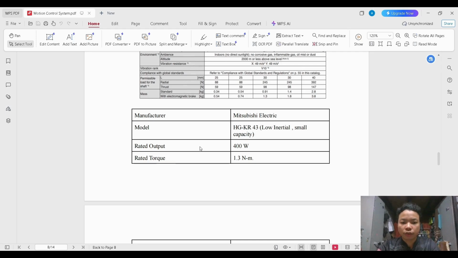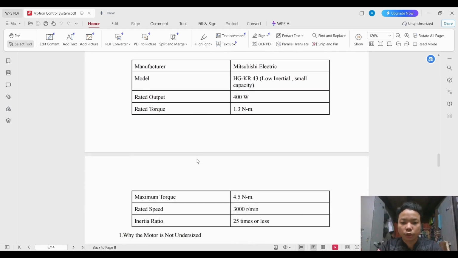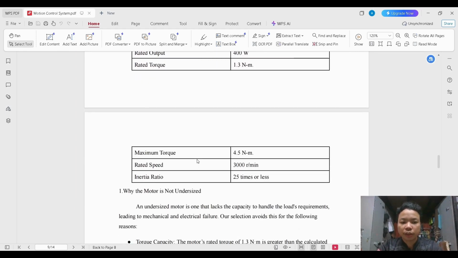The rated output is 400 watts. The rated torque is 1.3 Newton meters. The maximum torque is 4.5 Newton meters. The rated speed is 3000 rpm. The inertia ratio is 25 times or less.